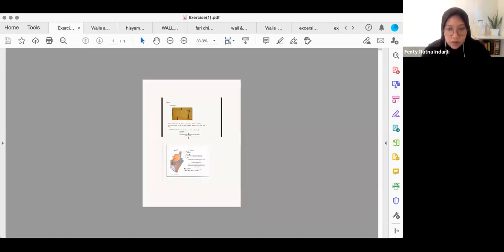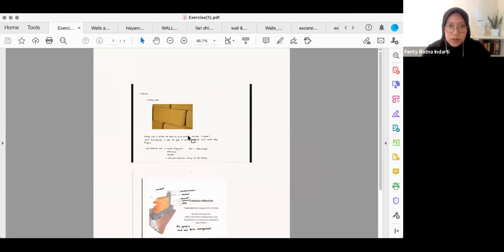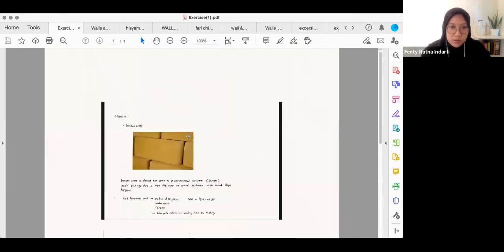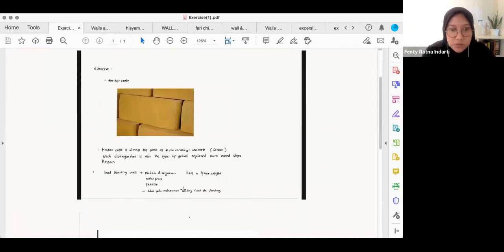So first, about the wall materials, there is Timbercrete. Timbercrete is almost the same as conventional concrete, distinguished by the gravel being replaced with wood chips.